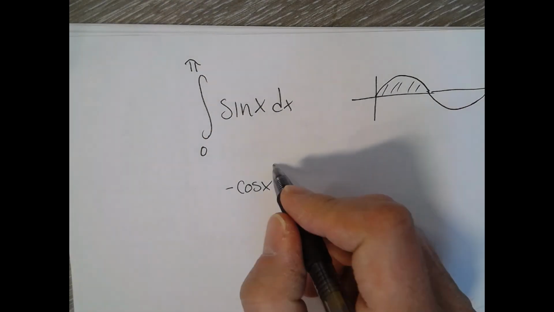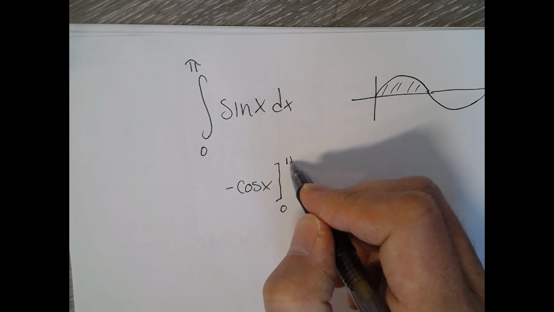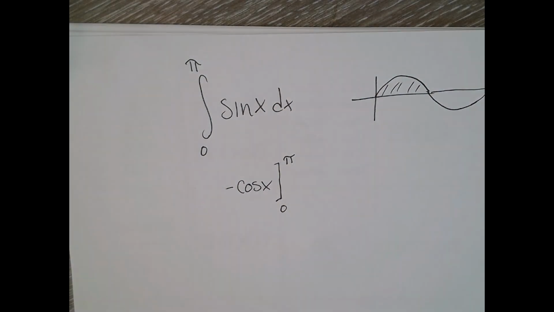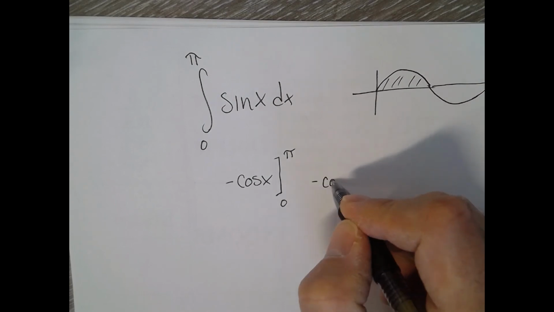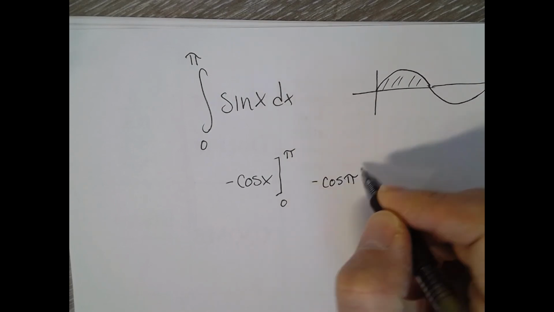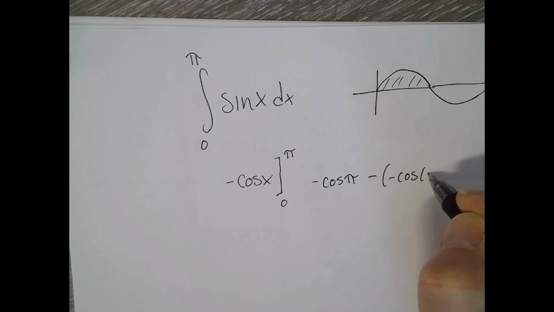We evaluate it from 0 to pi: negative cosine of pi minus negative cosine of 0.